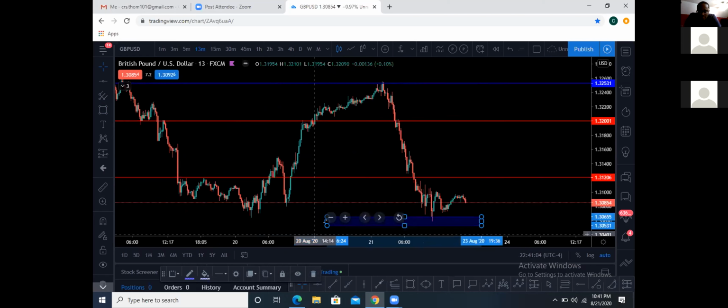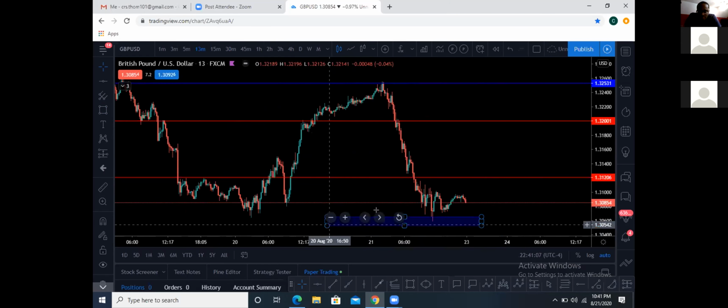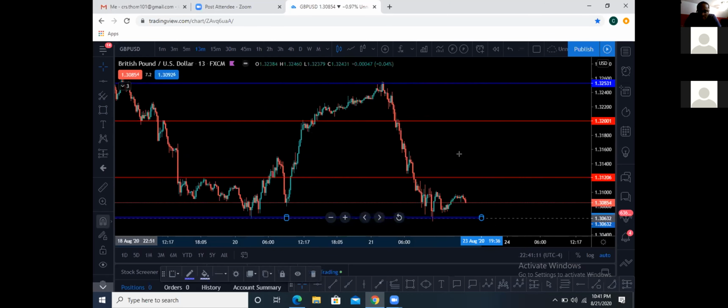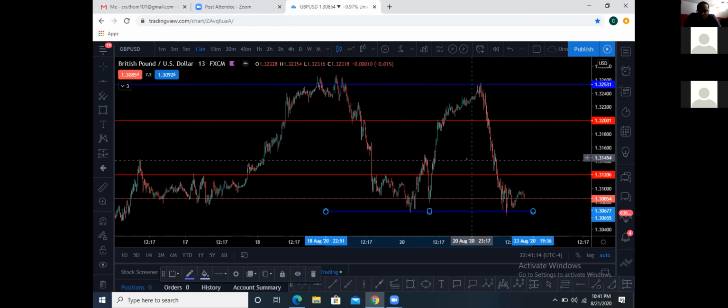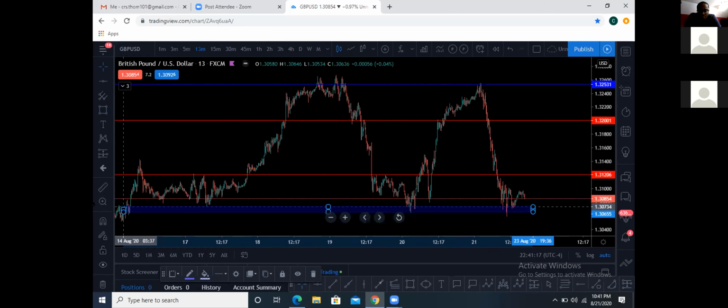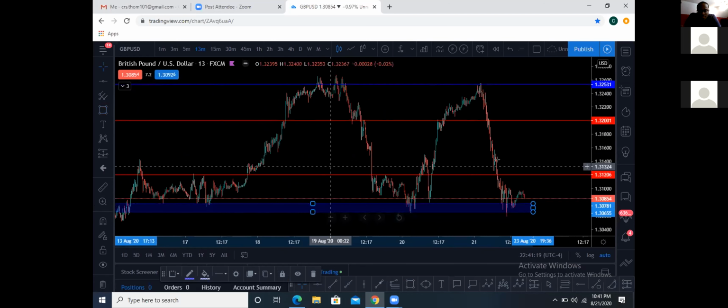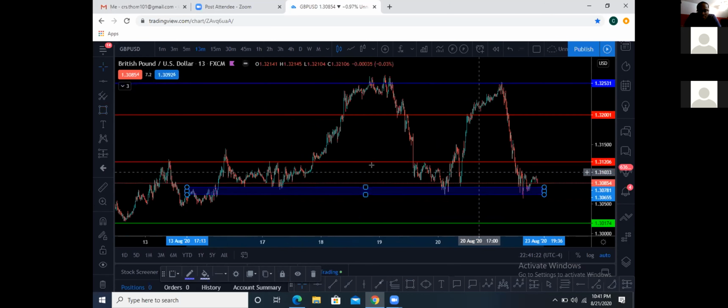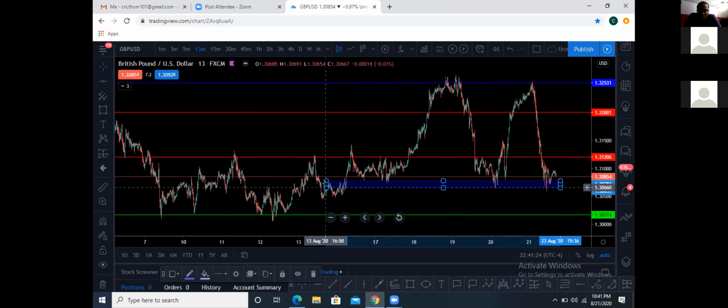I find my zones. So I make this wide enough, kind of back with some evidence of support. And this is just me.